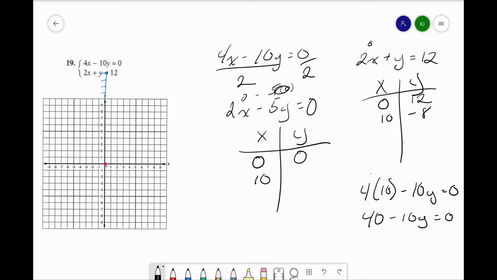So 10 times what's going to equal 40? 4. So y is going to equal 4 on this end. So now we have 10 and 4, and 10 and negative 8. So I can already tell our lines are going to go into some funky directions here.